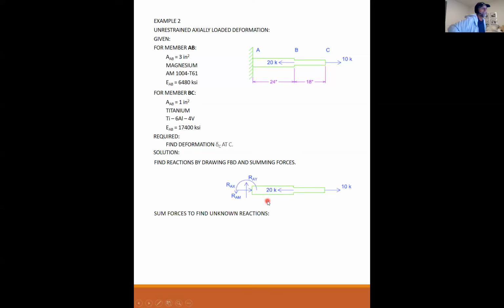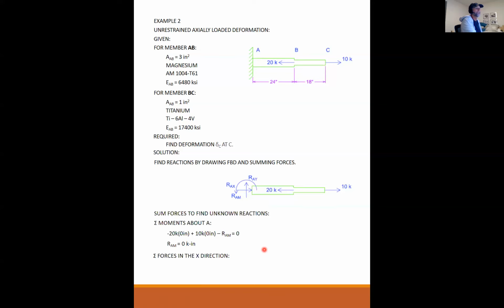But for completeness, it is fixed, so you could have 3 unknowns. I'm going to sum my moments about A, and I have 20 kip through 0 eccentricity, plus 10 kips, again through a 0 eccentricity, minus my reaction moment. And so R sub AM is equal to 0, as you could just tell by observation.